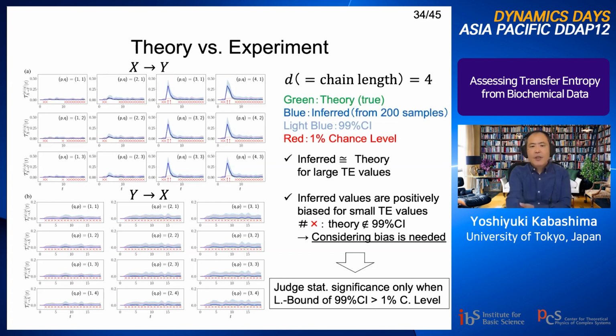So it is necessary to take some biases into account when judging the confidence of the evaluated value. So we took a heuristic strategy that judges statistical significance only when the lower bound of the 99% confidence interval is larger than the 1% chance level.